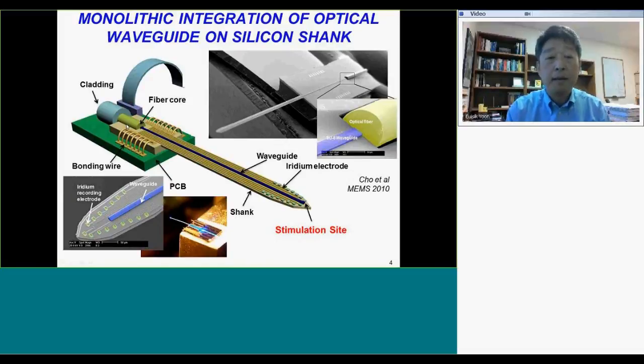Through MEMS etching technology, we can make a step alignment of the optical fiber to the optical waveguide at the back end, and the light comes out from the tip at the distal end. We can exactly position the light illumination with respect to the recording site like this. And we can have pretty good precision because everything is defined by photolithography within ±1 micron.